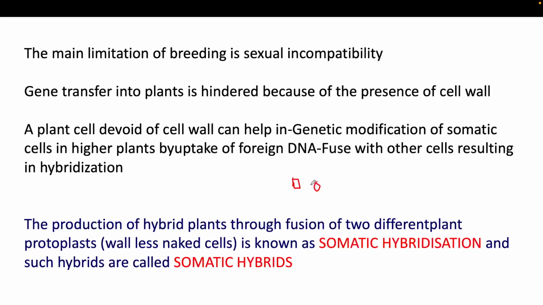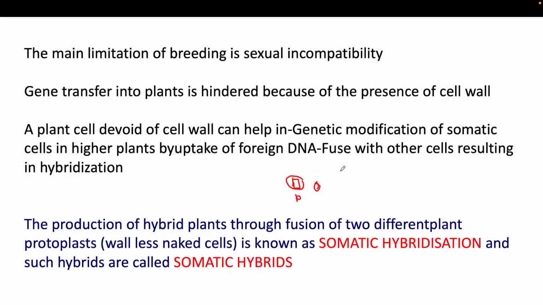The basic difference is that the plant cell has a cell wall as an outer layer, which is absent in the animal cell. So some modification is easier in the animal cell, but in the plant cell, because of the presence of the cell wall, it is difficult.